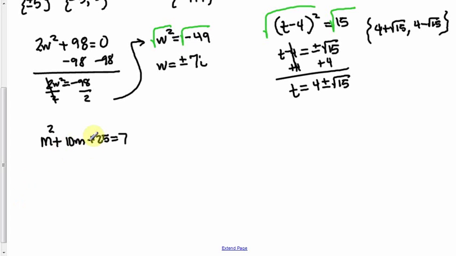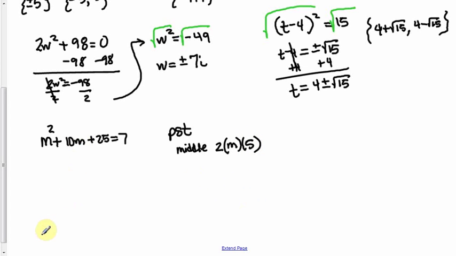But moreover, it's so important that you see that this is a perfect square trinomial, a PST. The first term is a perfect square. The last term is a perfect square. And the middle term, 10m, is twice the square roots of the first and the last.